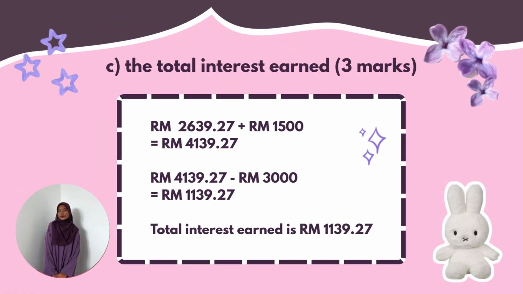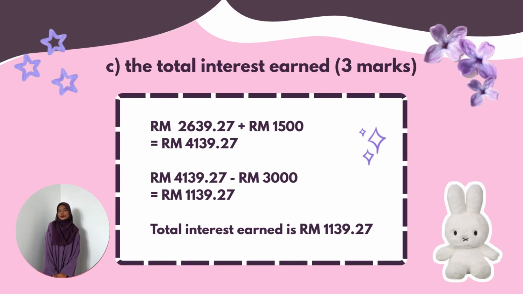Next, we calculate the total by adding 1,500 ringgit to the 2,639 ringgit and 27 cents, and we will get 4,139 ringgit and 27 cents as the total value he would have. After that, we minus the original principal, which is 3,000 ringgit, and the total interest earned is 1,139 ringgit and 27 cents.